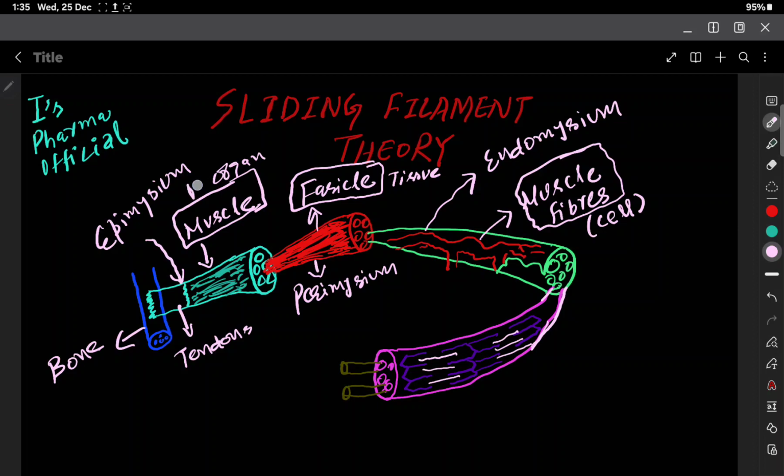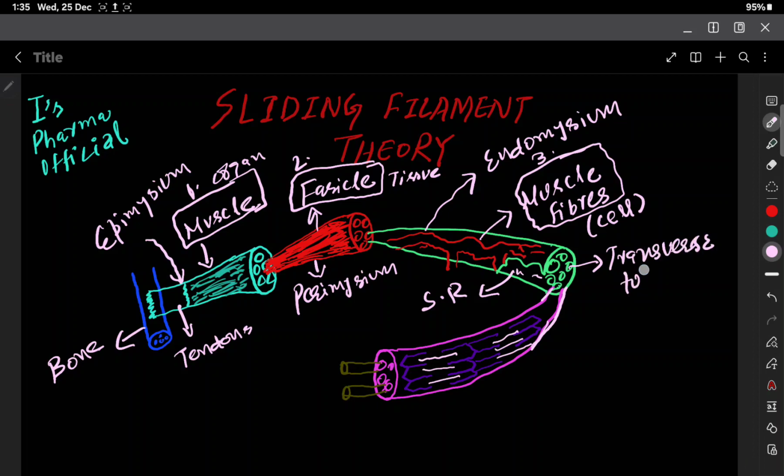So first there is a muscle. Inside the muscle there is a fascicle. Inside the fascicle there are small tubules called muscle fibers or cells. Inside this cell there is the sarcoplasmic reticulum, which I will write here as SR, and there are transverse tubules also present.